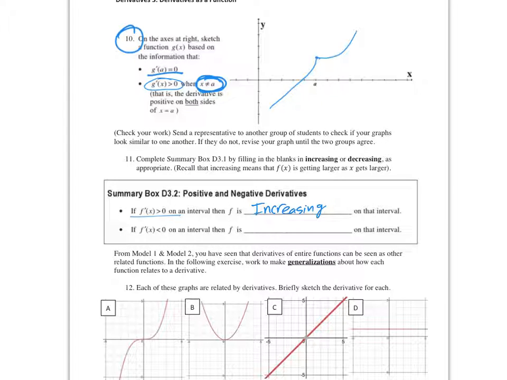If f prime of x is less than 0 on the interval, then f is decreasing on that interval. So we can learn a lot about a function by looking at its derivative. The function itself is increasing if the slope is bigger than 0, and decreasing when it's less than 0.